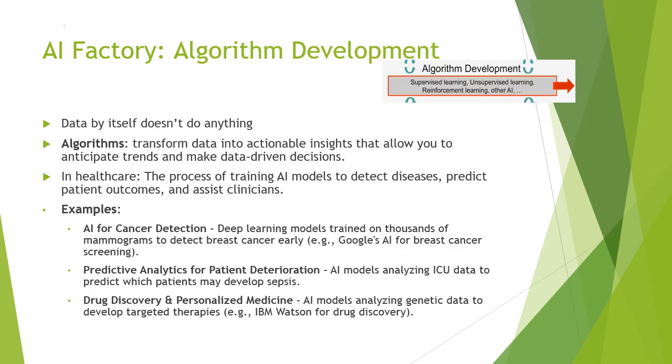Then you have another component. So you have what's called the algorithm development component of the AI factory. And this is really what we talked about the last few weeks. We talked about supervised, unsupervised, reinforcement, that type of thing. So you need to actually assign these different types of AI to that data once it's cleaned and normalized and integrated.